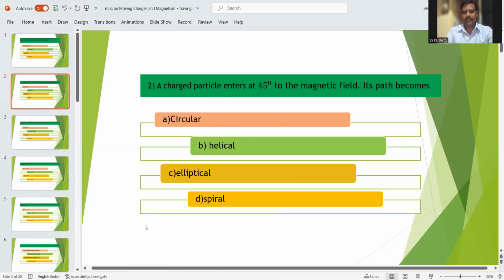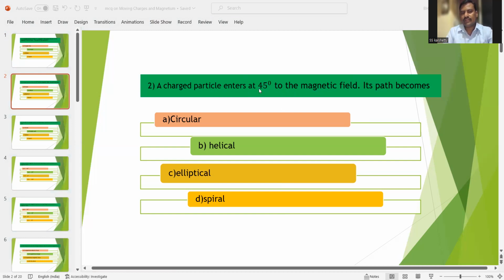Second question. A charged particle enters at 45 degrees to the magnetic field. Its path becomes what? Exactly at 0 and 180 degrees is a different case, and then there is 0 to 90 degrees.